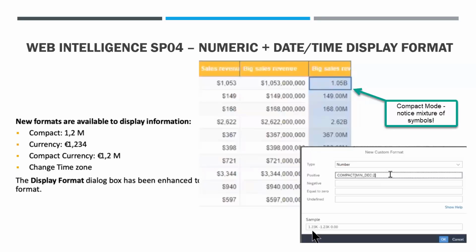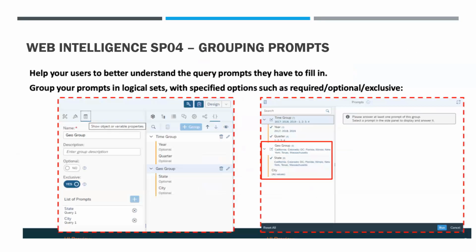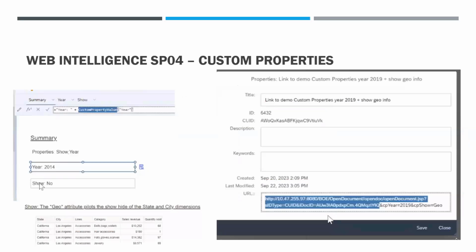We haven't had a chance to touch it yet. Now you can group prompts. In this example, they're grouping the time prompts and the geographic prompts together. They've added some custom properties.